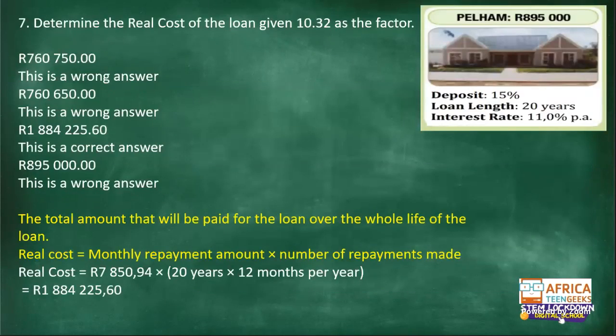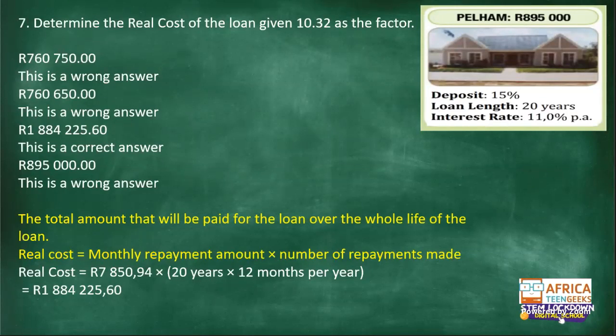Now, the question says, determine the value or the real cost of the loan given 10,32 as the factor. By the way, we are still working with the same house, same value, same deposit of 15%.